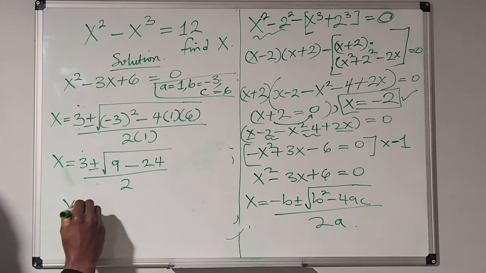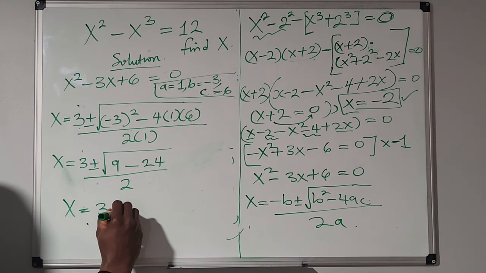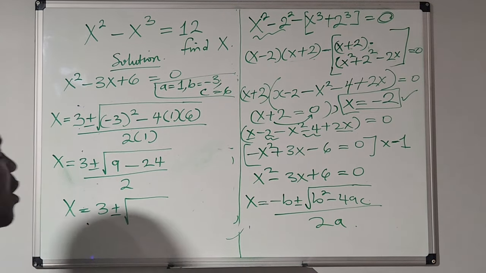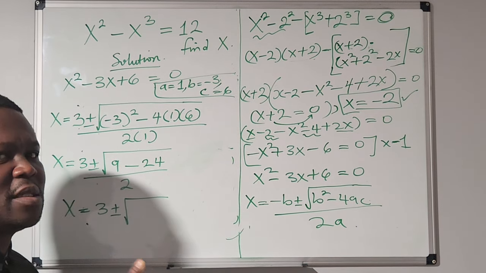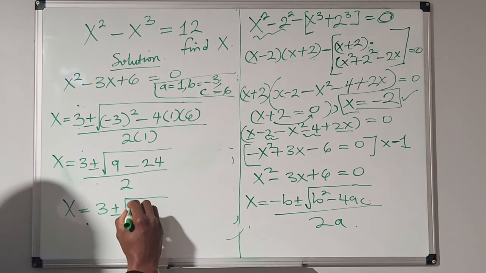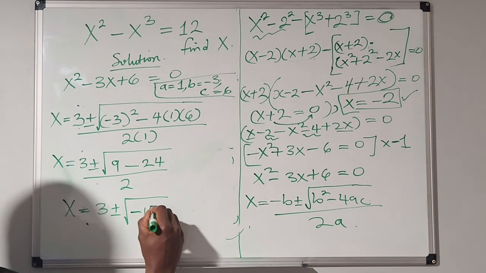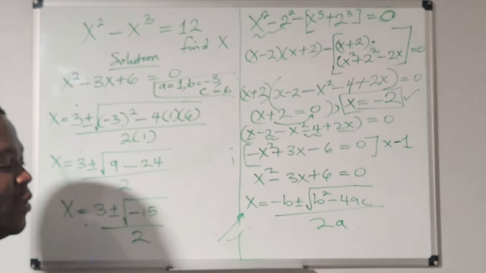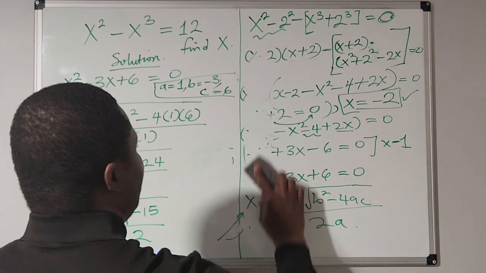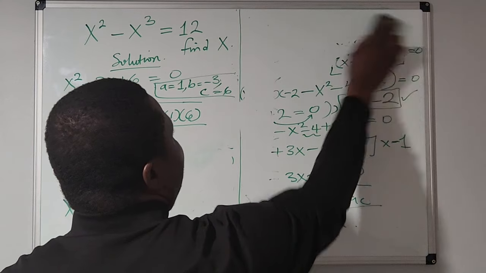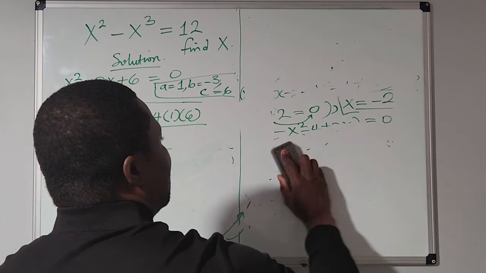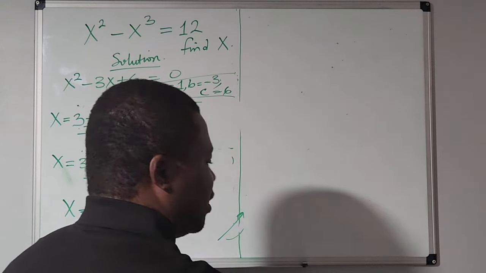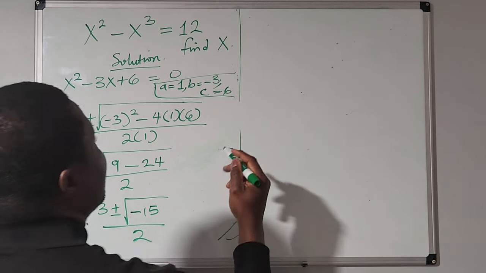This becomes 3 plus or minus the root of 9 minus 24 will give us minus 15. So this becomes minus 15 divided by 2. Let's go over to the other side. This is a bit of a long solution. We've got a small board, but never mind.